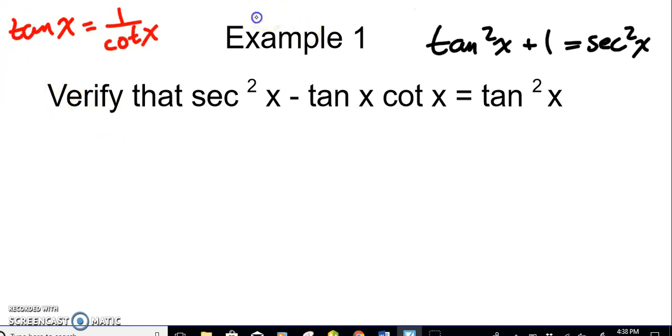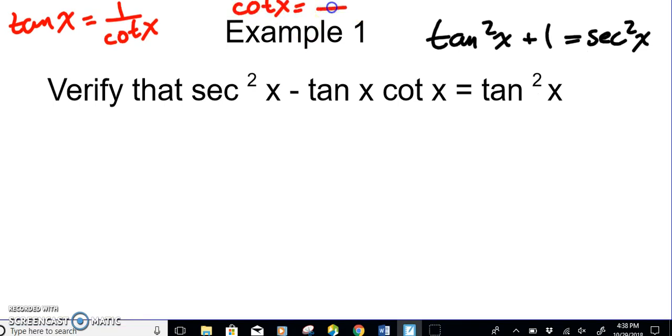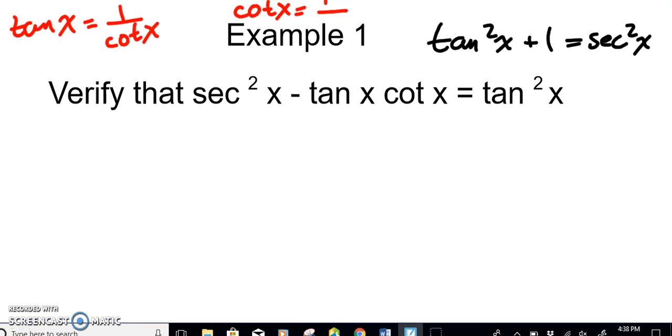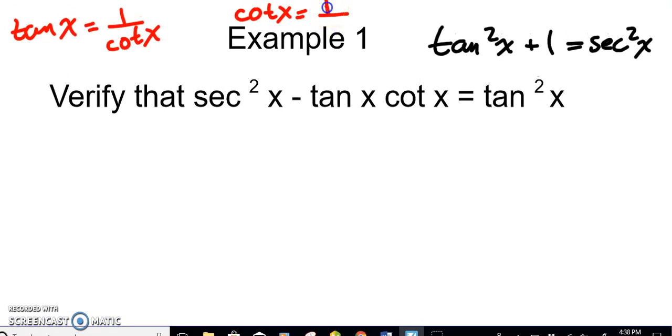And we have cotangent here, which is 1 over tangent. So we have all that going on. Maybe we can use any of those three, or all three of them, or some parts of them, to help us work this problem out.